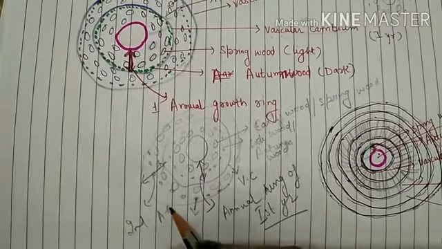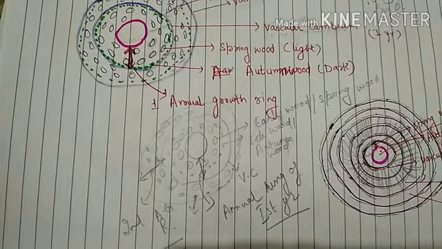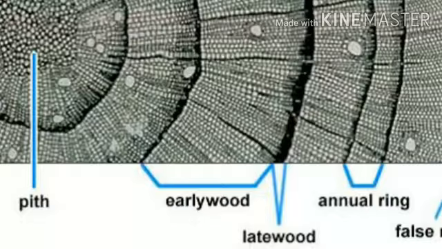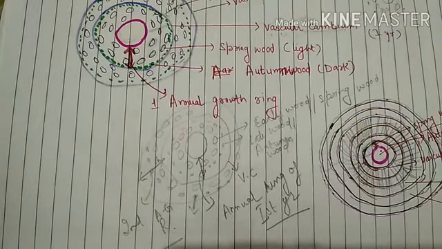Let us understand that the growth of successive years appears in the form of annual rings. As you can clearly see here in the picture, the growth of successive years is observed in the form of annual rings, and each annual ring represents one year of growth.